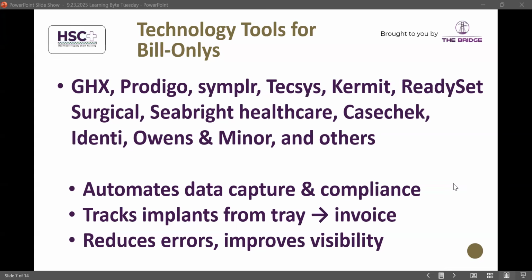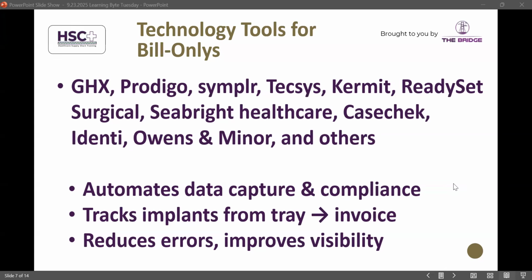I'm not here selling Kermit or anything, but I want you to look into all the tools in the same way and what are the benefits of each and every one. Some of them can track the implants from the tray to the invoice. And I know that's one thing that Case Check does well. I've used them in the past and they're fabulous for that.